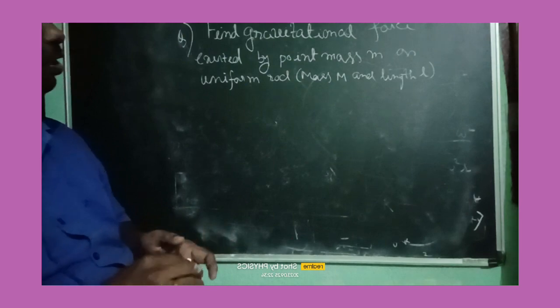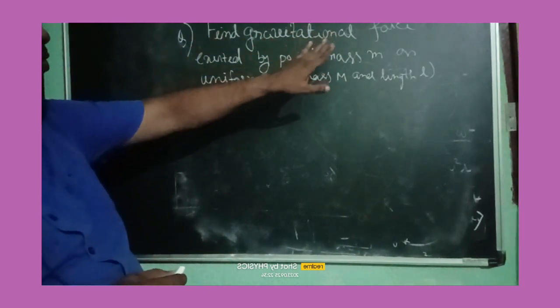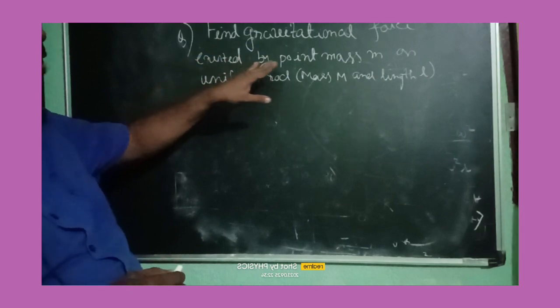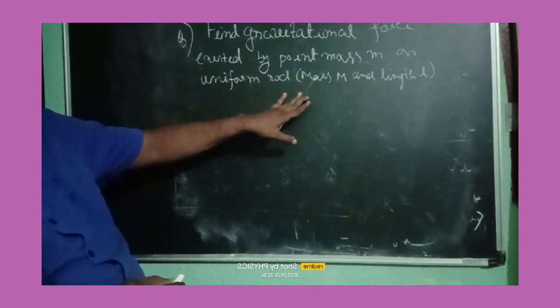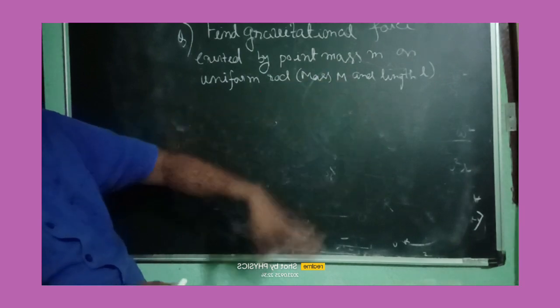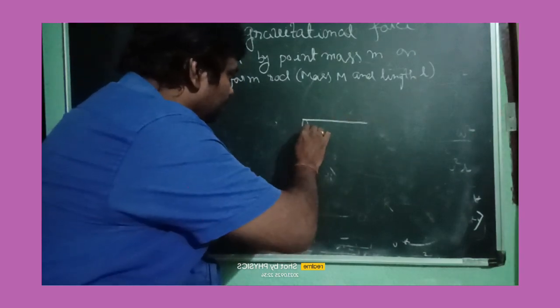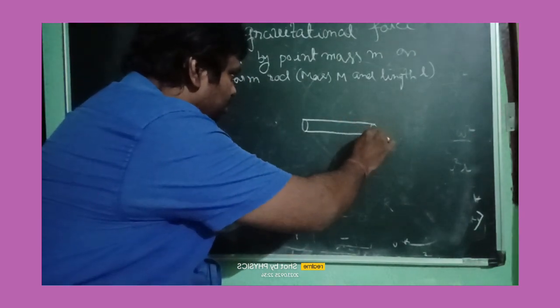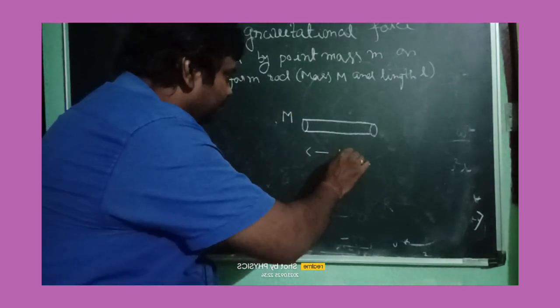Now let's move to solve a problem. Find the gravitational force exerted by a point mass small m on the uniform rod. The mass of the rod is capital M and the length of the rod is small l. This is the rod whose mass is capital M and length is small l.